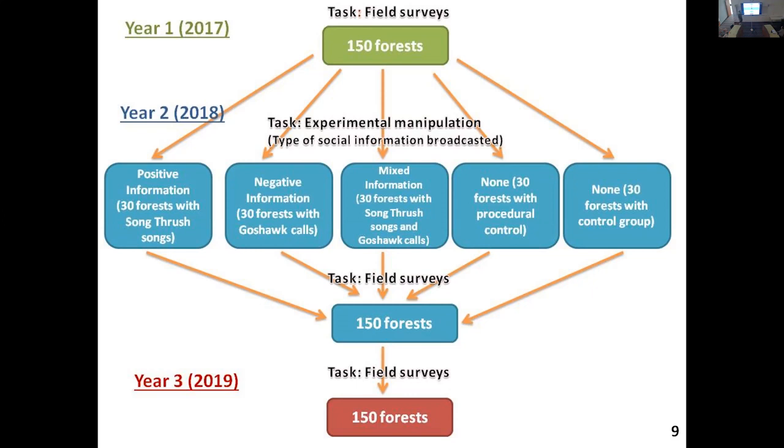Then in the same year, immediately after the experiment was done, we once again performed field surveys on all of those 150 forest patches. And the year after that, we once again performed field surveys to see whether there were any changes, perhaps any effects of the experiment that still lasted within the landscape.